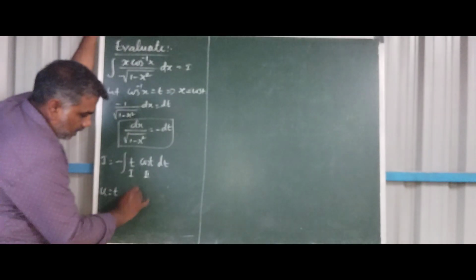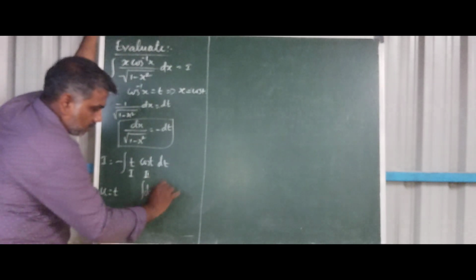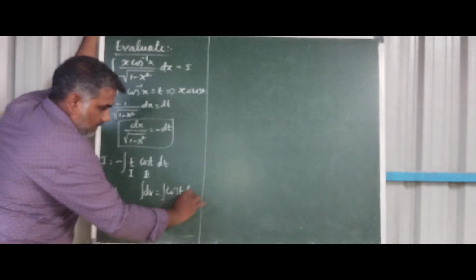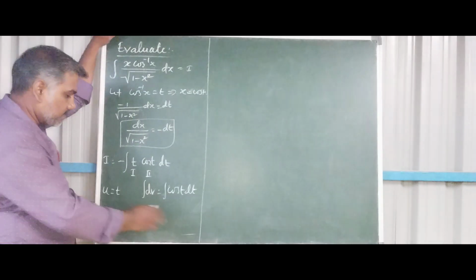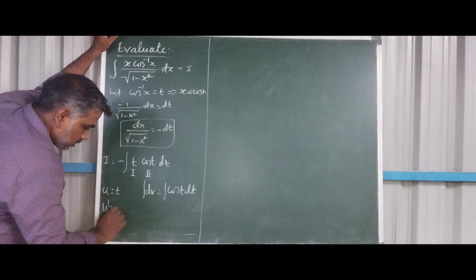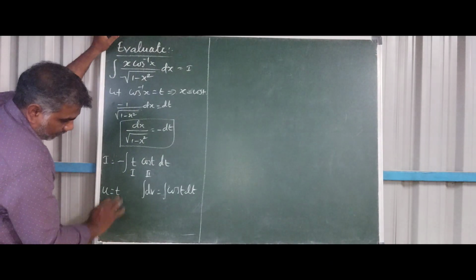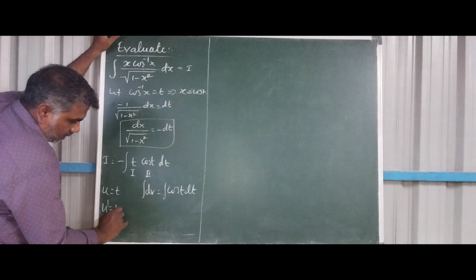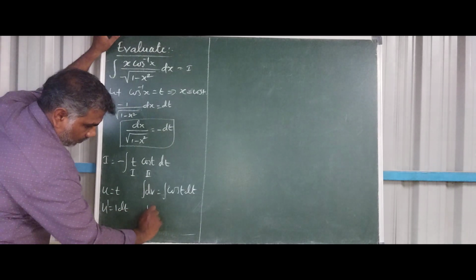That means you have to take u equal to t, and integration of dv is equal to integration of cos t dt. Rest of the things you keep as it is. Now you just differentiate here. What do you get? u dash is equal to 1 into dt. Here what is v?